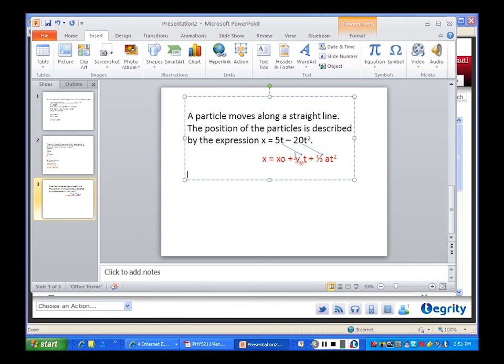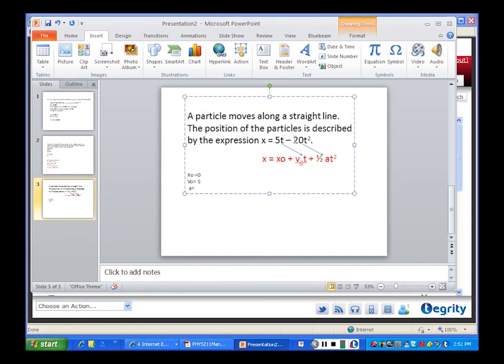So we could immediately do the following. And notice that there's no x0 term showing up in the actual equation, so we can immediately identify x0 is 0, and v0 is 5, and a is, well, what's a?